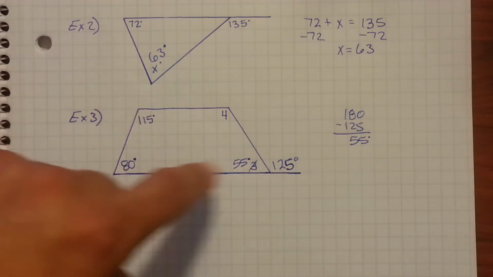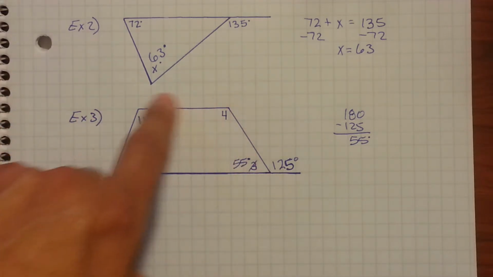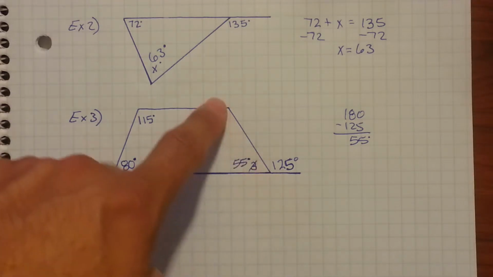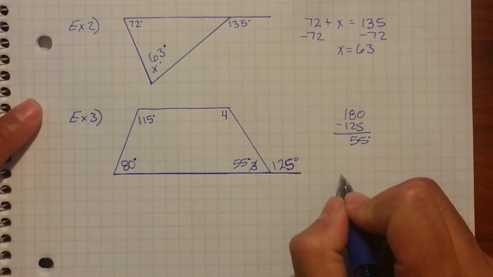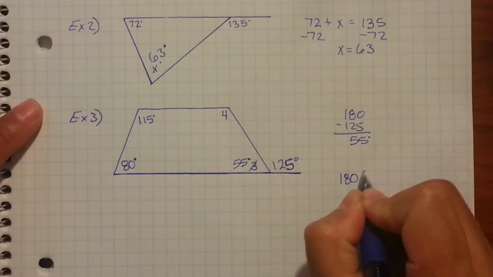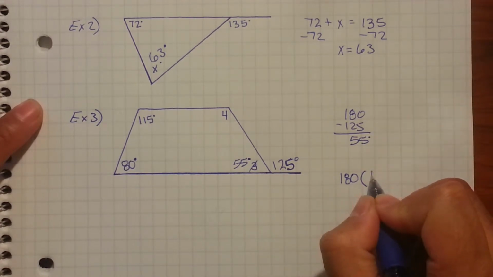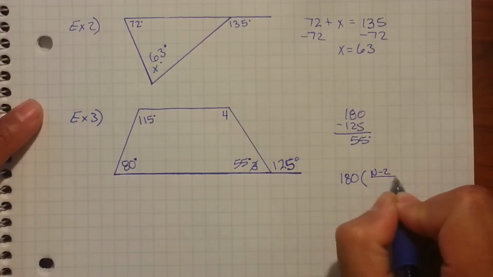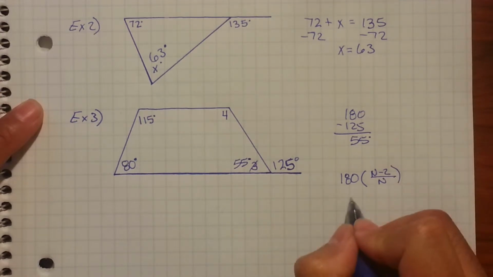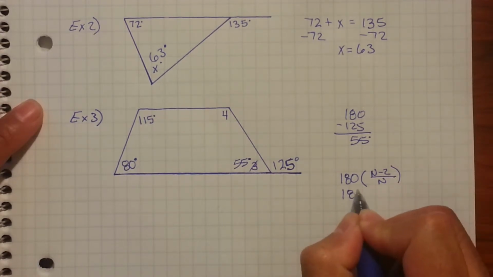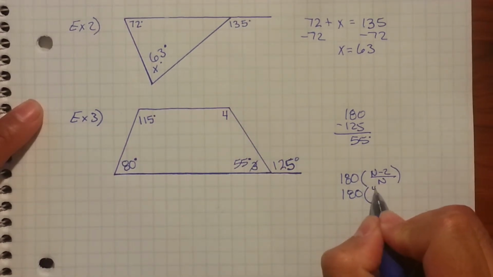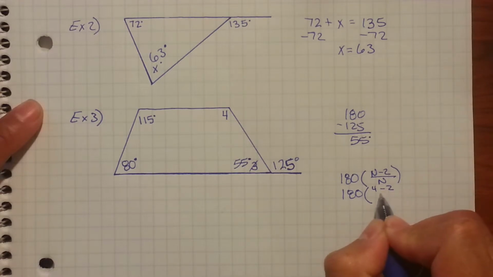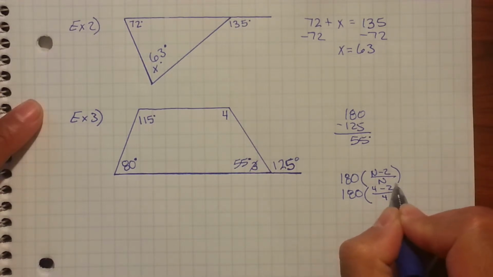Now, I have to figure out this 4 sided quadrilateral, so I have 4 angles in here. I have to figure out what their sum is supposed to be. So now we have to use the notes that we learned the other day, which is 180 times n minus 2, divided by n. So that's going to be 180, my n, if there's 4 sides, minus 2 over 4.